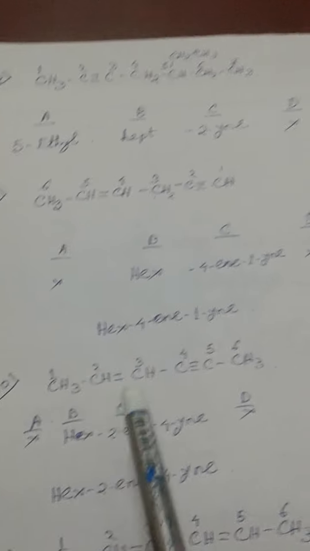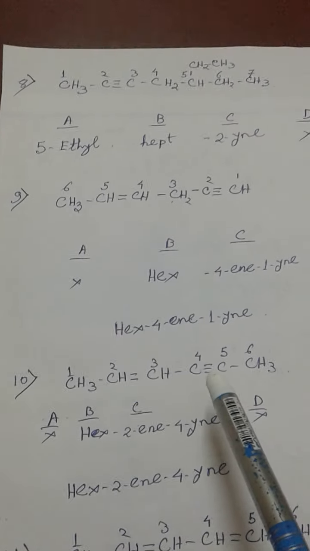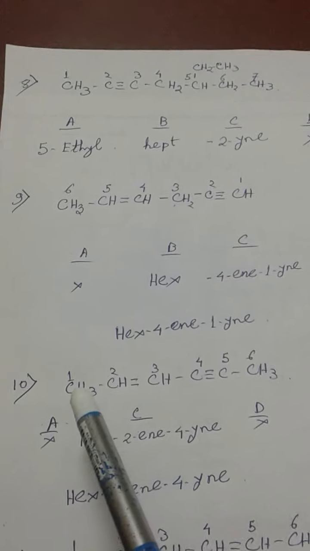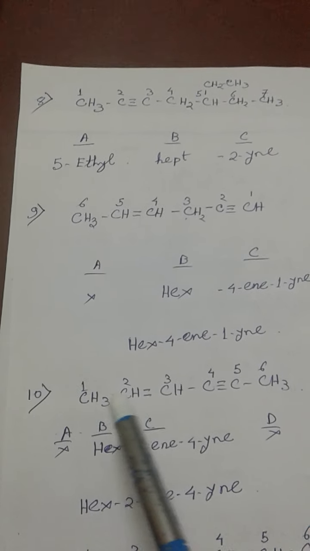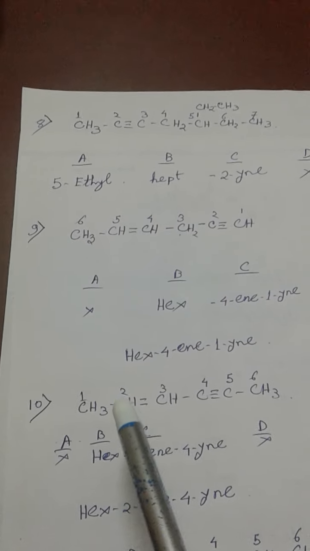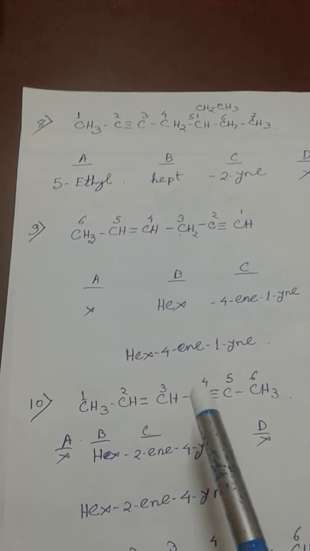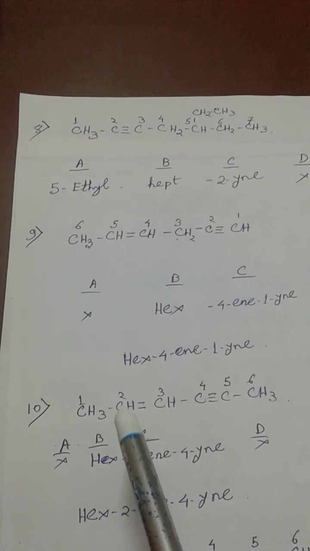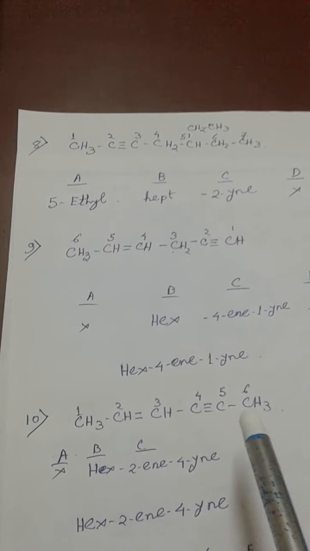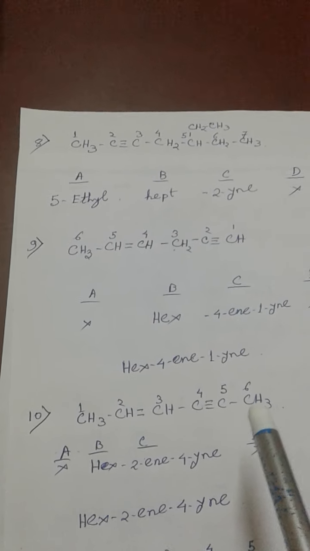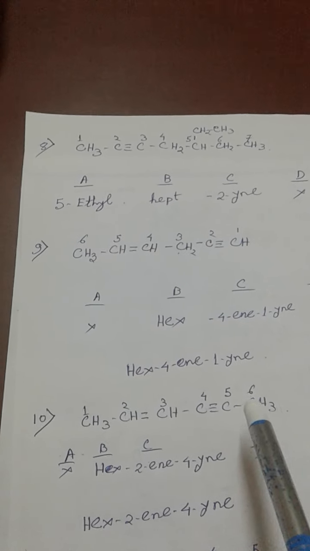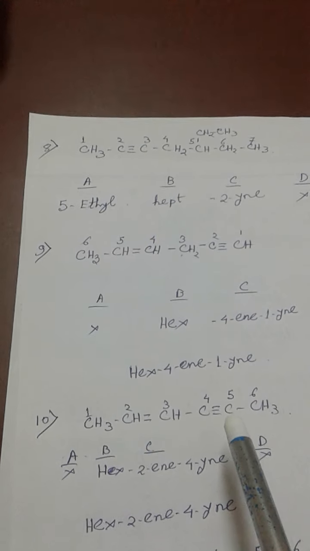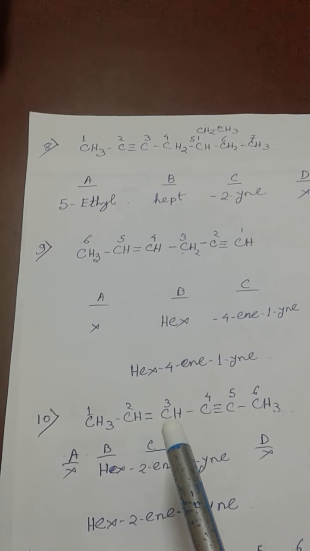Here also a double bond and a triple bond are present together, but you must notice here, if I start from the left side, then the locants are 2 and 4 for the double bond and triple bond, and if I start from the right side, then 2 for the triple bond and 4 for the double bond.